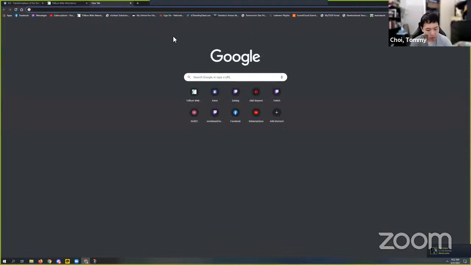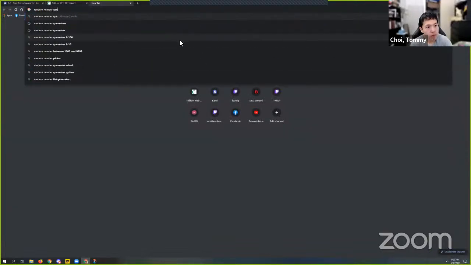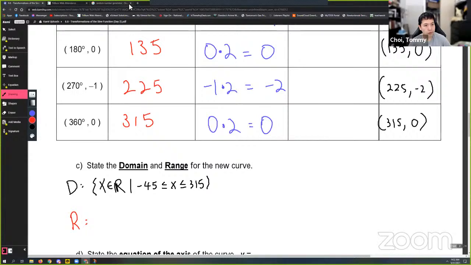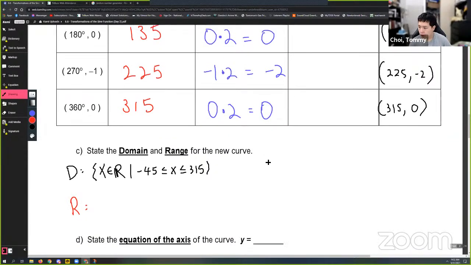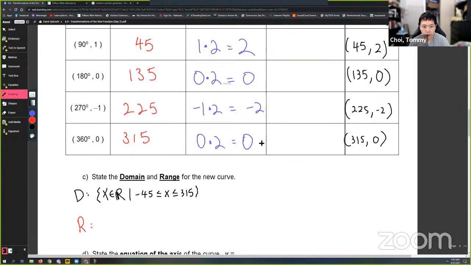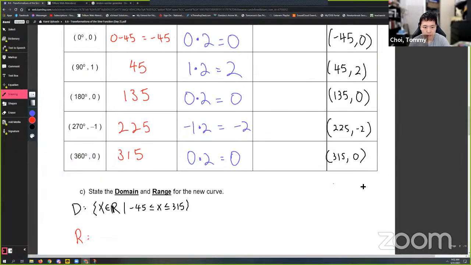We have 22 people in this class. Lucky number 19 is going to be Sophia. Sophia, what is the range for this set of points that we have here? I'll zoom out a little bit so you can see the whole thing. What's the range here?